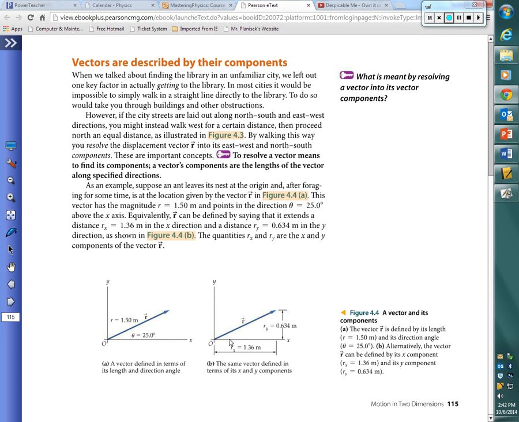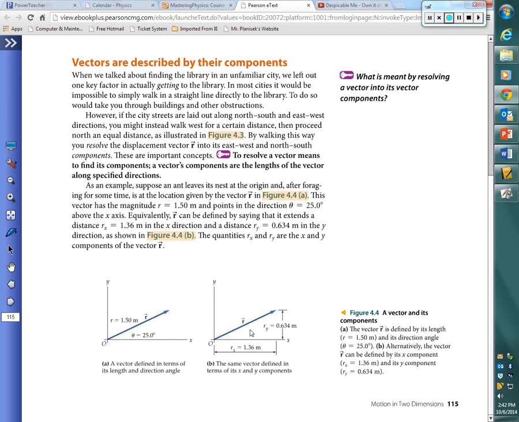Now, if one of them's along the x-axis and one of them's along the y-axis, what has to be the angle between them? Got a trick question. 90 degrees. If one's on the x-axis and one's on the y-axis, they're perpendicular to each other. These two component vectors are perpendicular to each other.